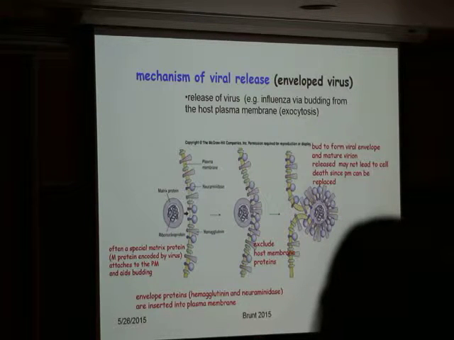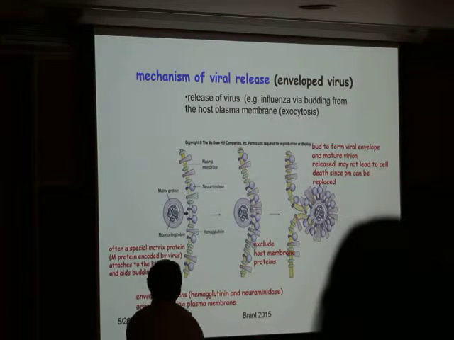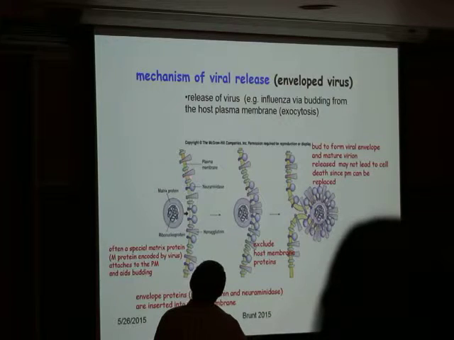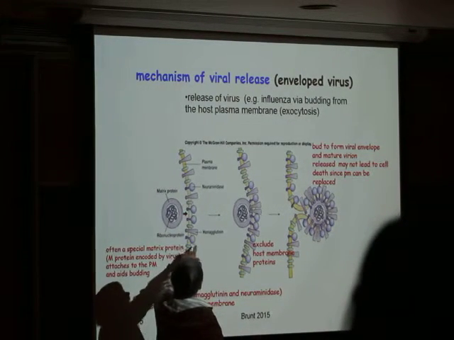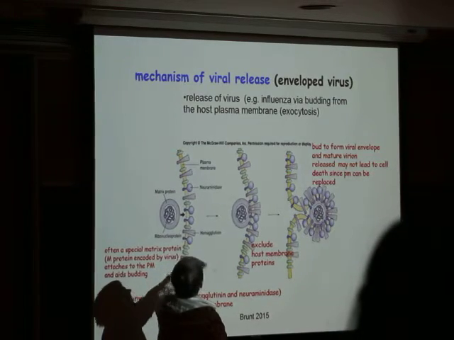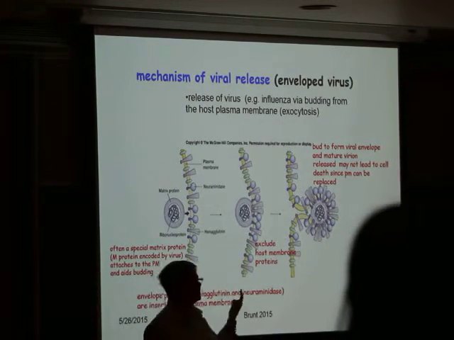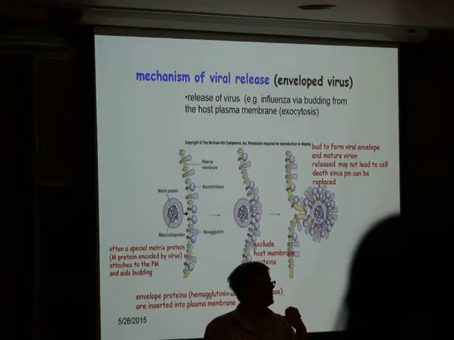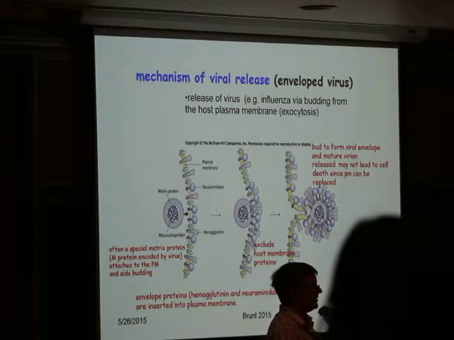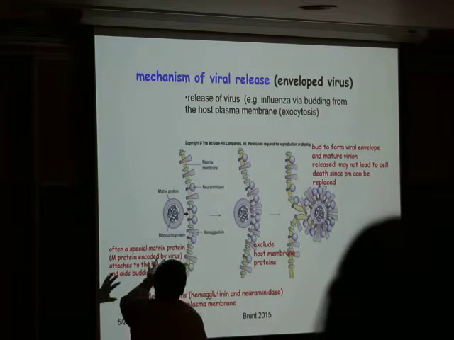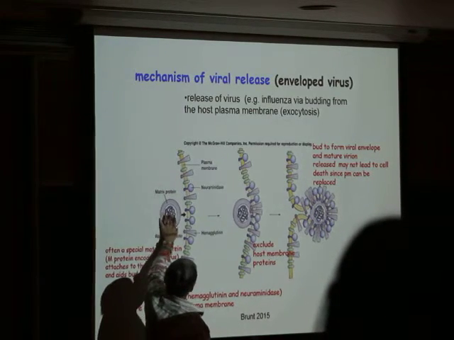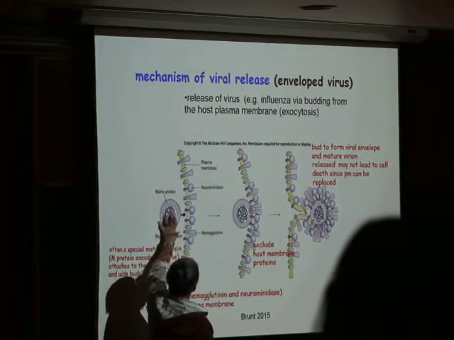So this is sort of showing you this again. Here we have the plasma membrane. We have hemagglutinin, which is kind of a baseball bat shape, and here we have neuraminidase, which is the lollipop. So hemagglutinin and neuraminidase are two viral spikes found on influenza. Here is our capsid, which has another protein surrounding it.